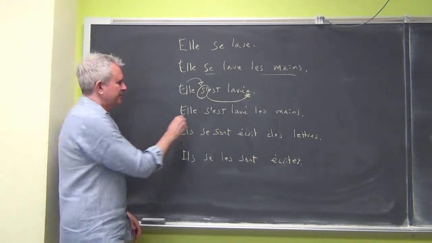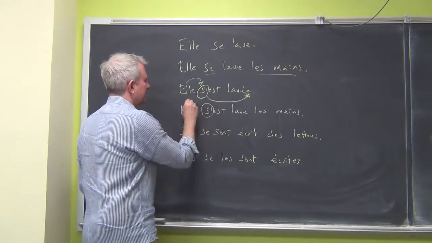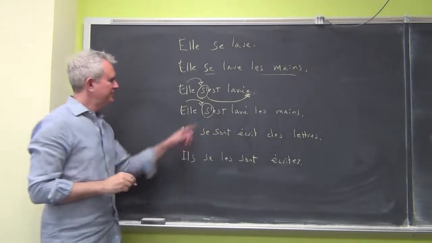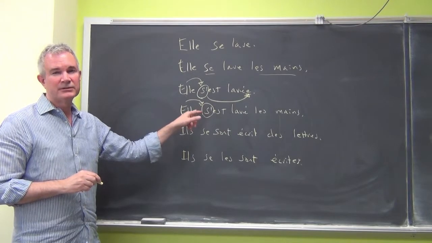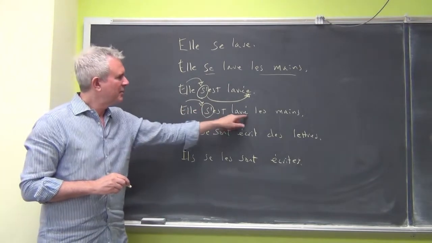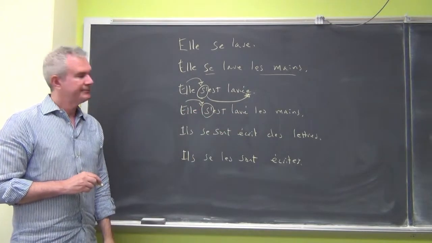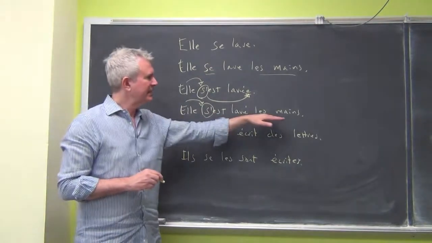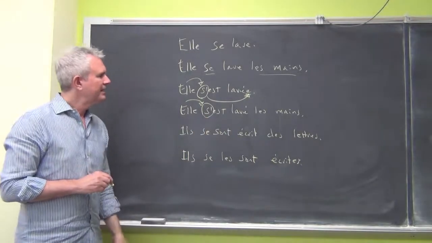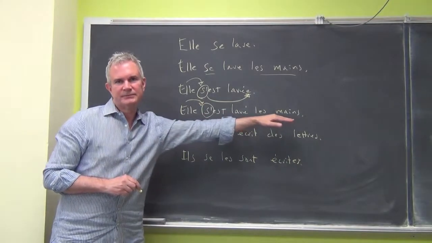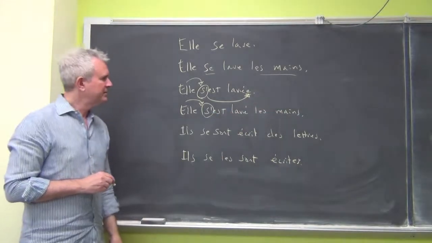Why is that? Sure, it's getting its number, gender, and person from its antecedent elle, so this is third person, singular, feminine. But we have no agreement. That's because the direct object is les mains, not se. And it's after the verb. Since it's after the verb, there's no agreement.